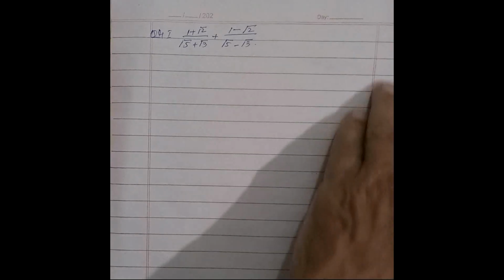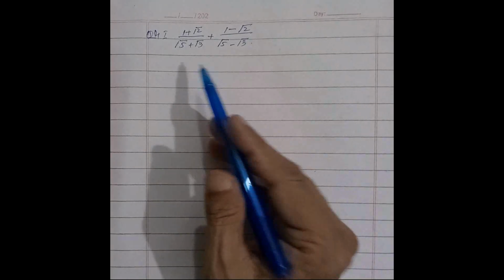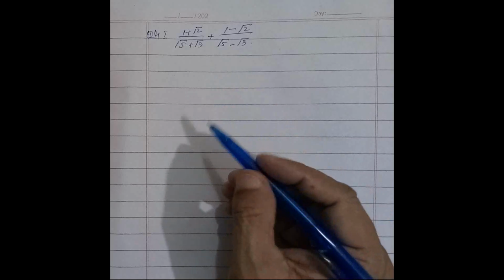We can solve the fractions by rationalizing or by applying the conjugate method. Both methods we can use, but in this question we take the LCM of both the values and solve.